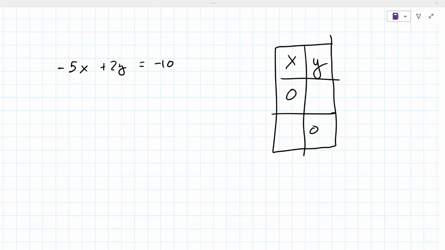So x would equal -2 and y would equal -5. Very good.